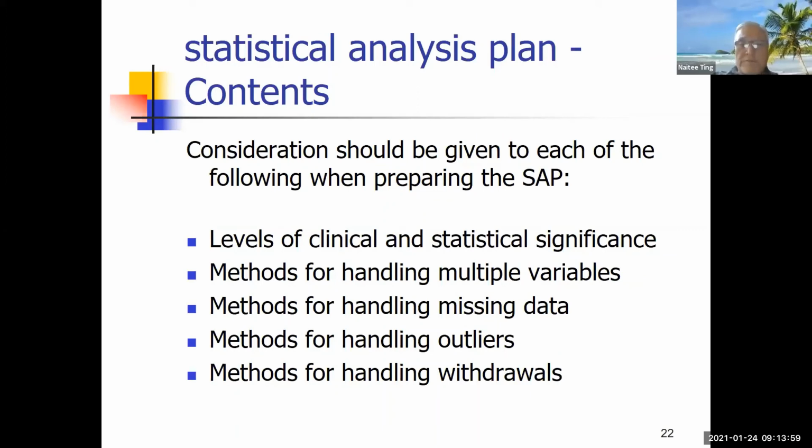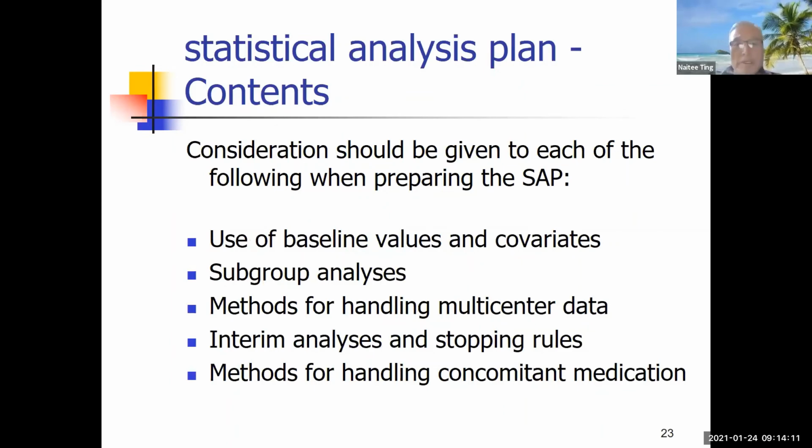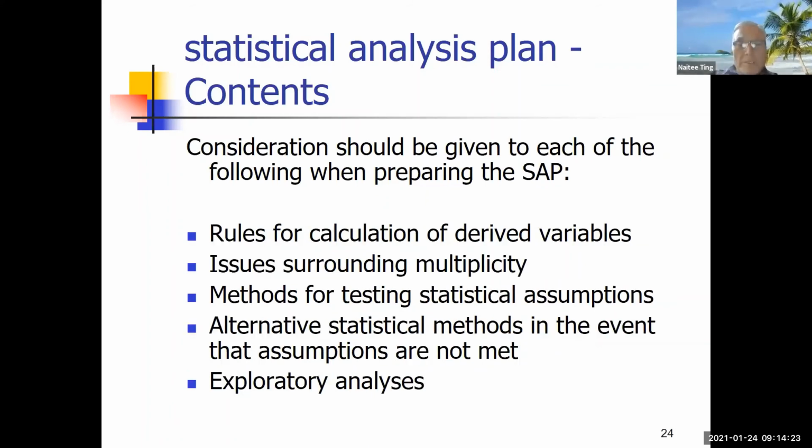Consideration should be given to each of the following: levels of clinical and statistical significance, methods of dealing with multiple endpoints, missing data, outliers, withdrawals, use of baseline values and covariates, subgroup analysis, methods for handling multi-center data, interim analysis, stopping rules, concomitant medication, rules for calculation of derived variables, issues surrounding multiplicity, methods for testing statistical assumptions. I don't do that nowadays because most of the time the statistical assumptions fit okay. Exposure analysis.